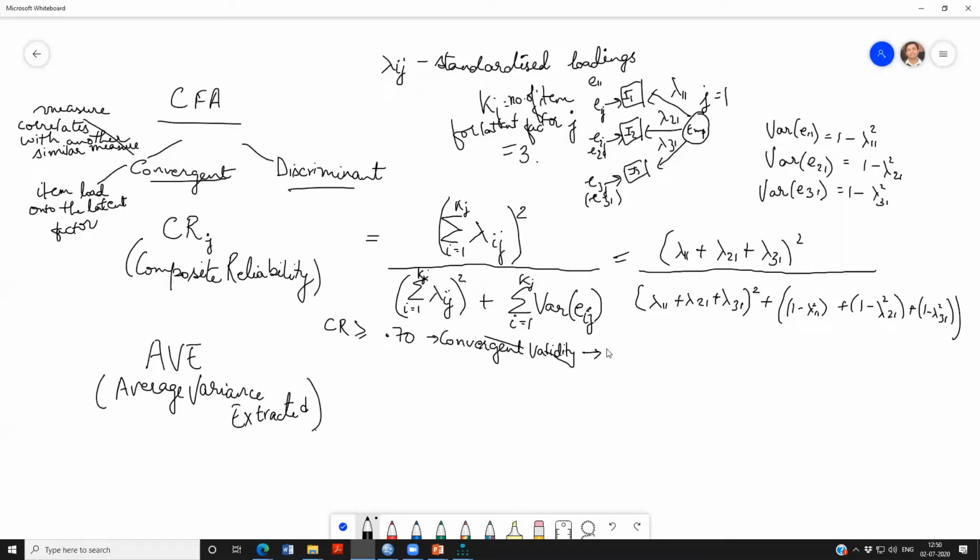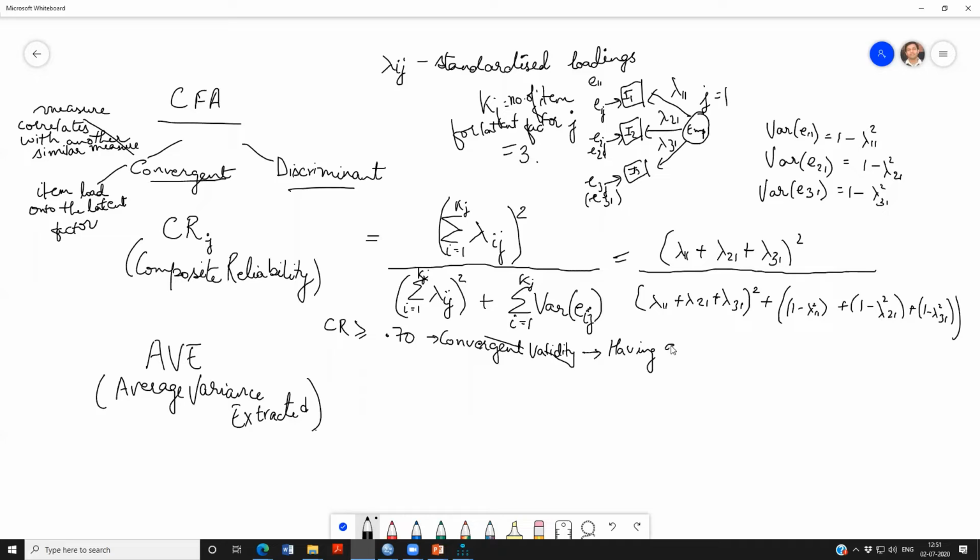So what is the interpretation of composite reliability? Now you see in alpha we had no idea of the measurement error. When we were computing alpha, we had no idea of measurement error. So now what are we saying?